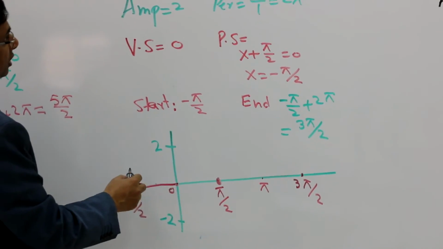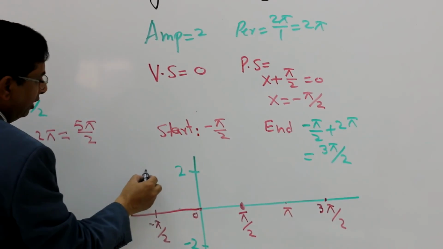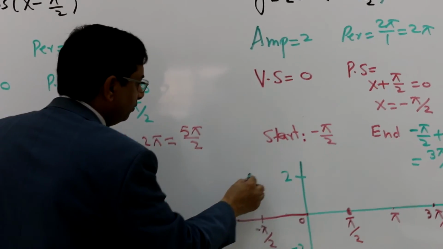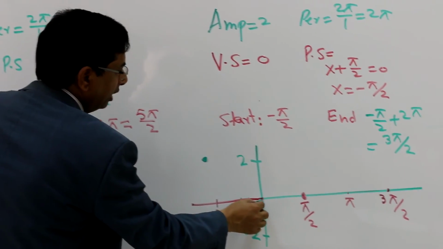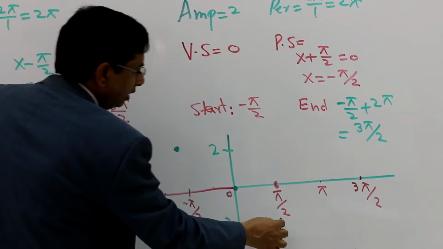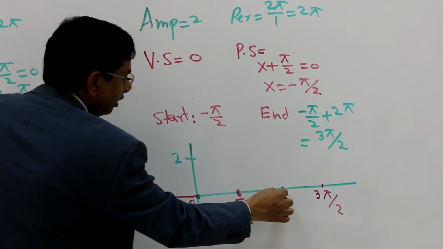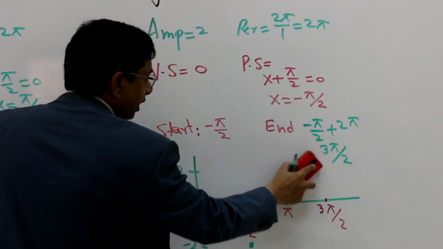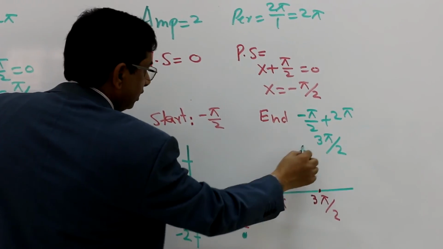This is a cosine function, and cosine is starting from 1. I mean, its amplitude is 2, so it starts from 2. This point, then you have this point, this is below, and I can take this point at the same level.